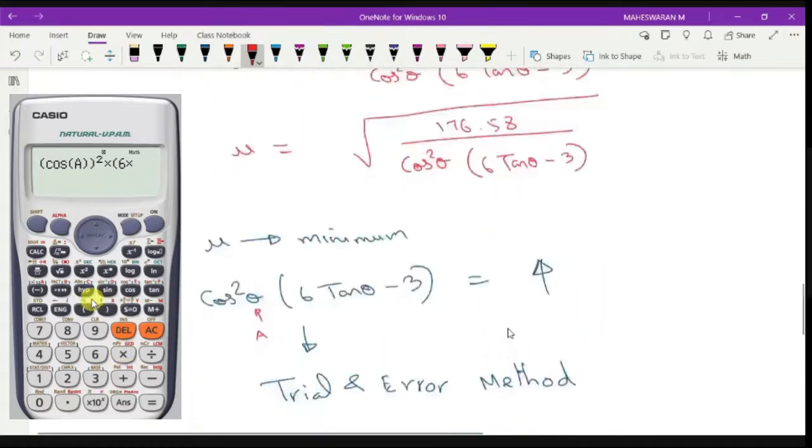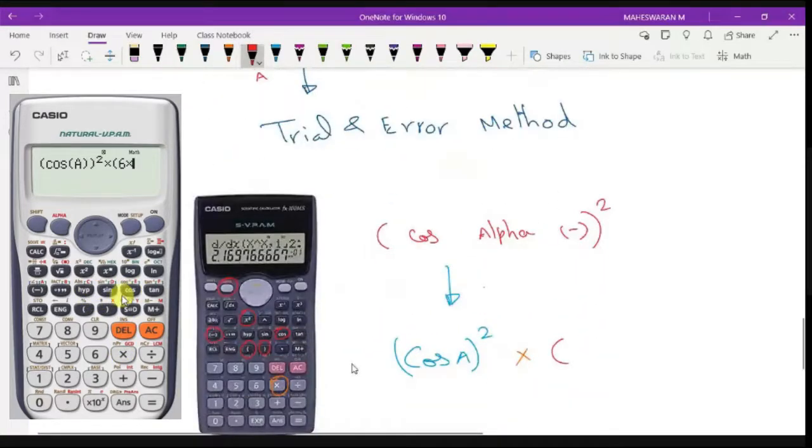Now you put 6, press multiplication again, then press tan, then alpha, and again the minus symbol.